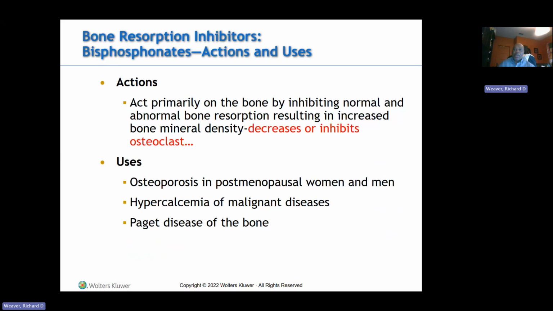Remember, osteoblast means the building up of bone, but osteoclast means the breaking down of bones. Now, during this osteoclast activity, the bone's mineral content, especially calcium in particular, is taken away from the bone and it is released into the bloodstream.